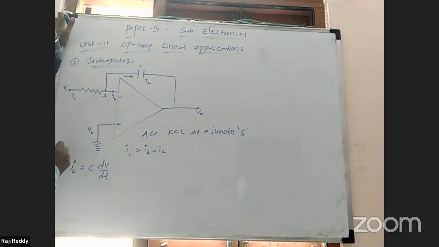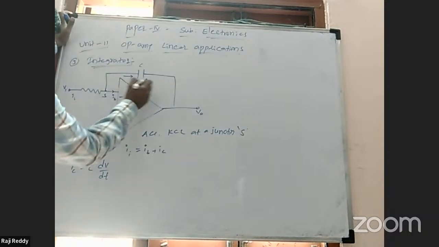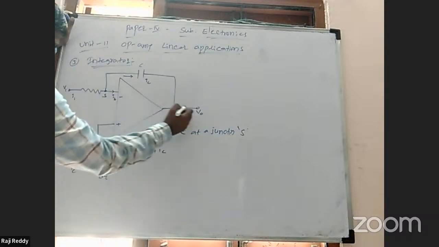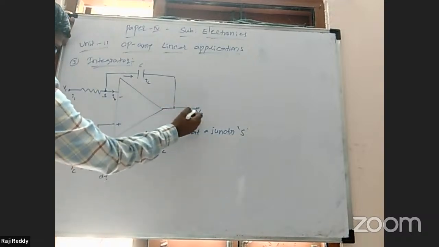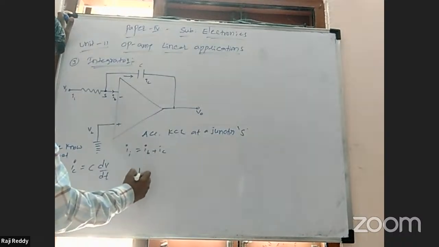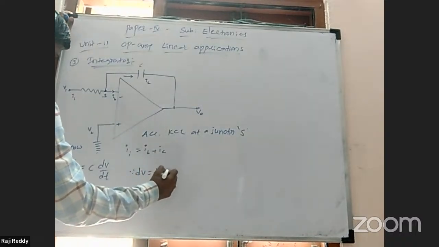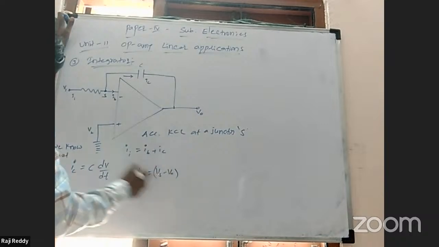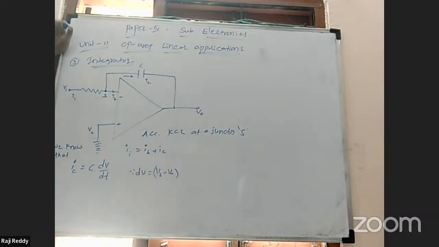So from this we can write delta V value across these two. IC అంటే ఇదే కదా, ఇక్కడ వోల్టేజ్ డిఫరెన్స్ తీసుకోవాలి. Same thing only, V naught. We can write here dV is equal to Vs minus V naught. So I can substitute that value here.